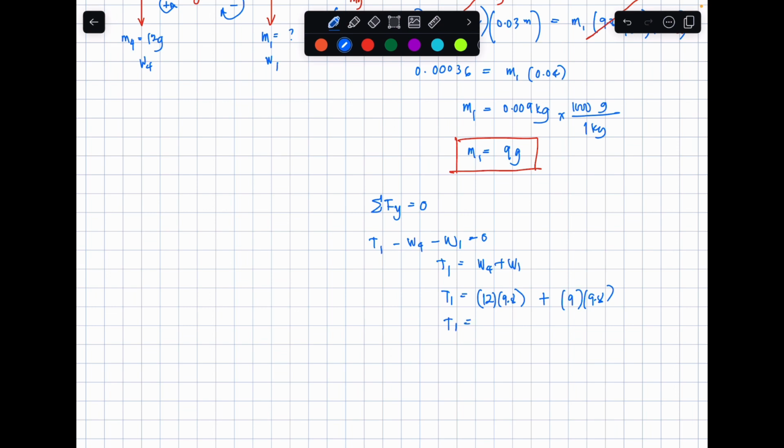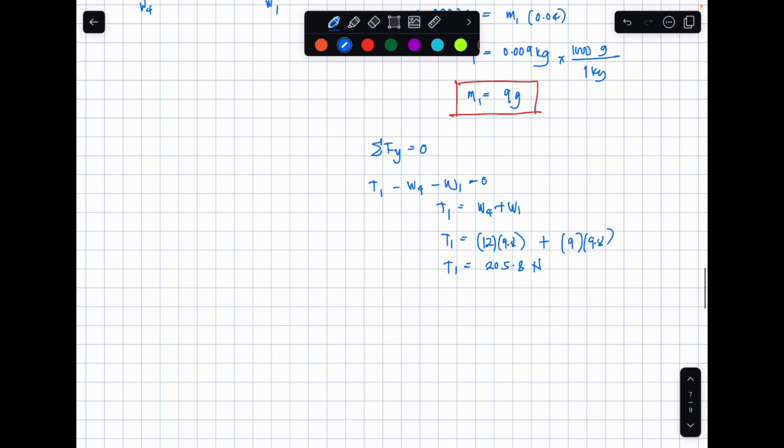So T1 then will be 12 times 9.8 plus 9 times 9.8, which is 205.8 Newton.